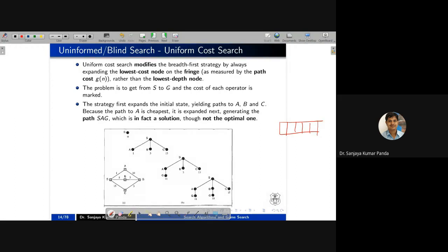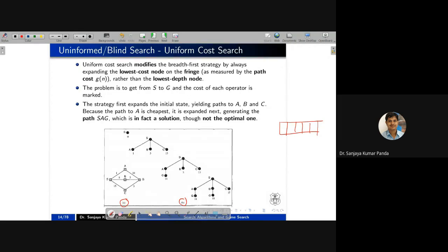Okay. So let us see, for example, if you take this particular picture, let's say this is your figure A, this is your figure B. Figure A shows the complete search, or the number of nodes available in a graph, or you can say tree, if they are not connected. Or you can simply consider it a graph.